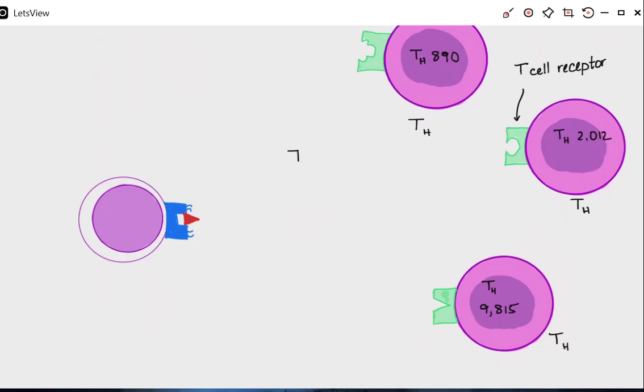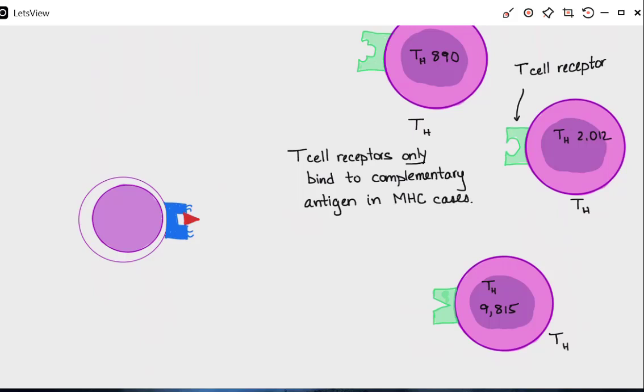T cell receptors only bind to complementary antigen in MHC cases. T cell receptors can never bind to free antigen.